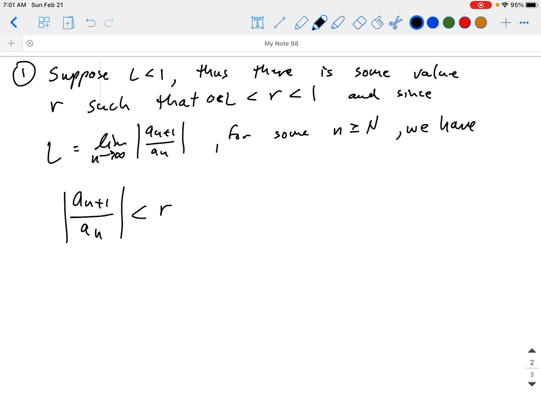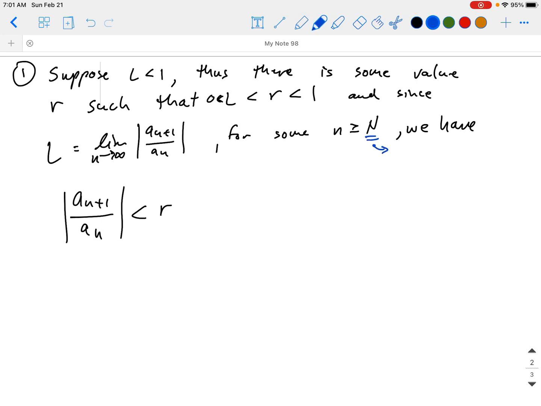So L has to be a positive number, R has to be a positive number, but if we go far enough out, as our limit of this ratio approaches L, at some point it's going to pass R, and it's going to be smaller than R. So this will be true for some n greater than or equal to this capital N.